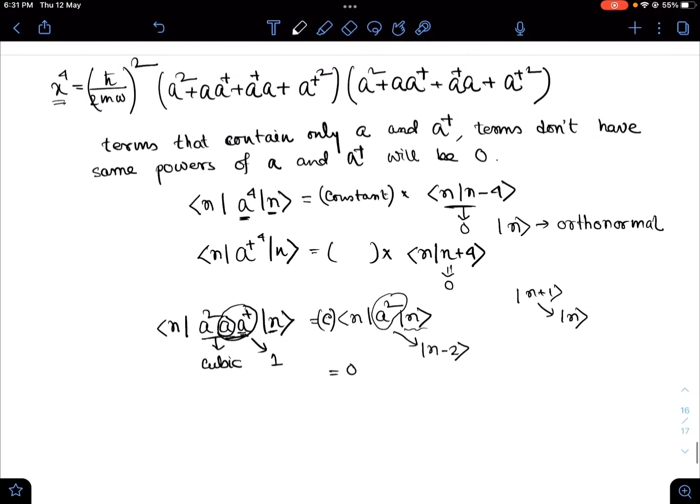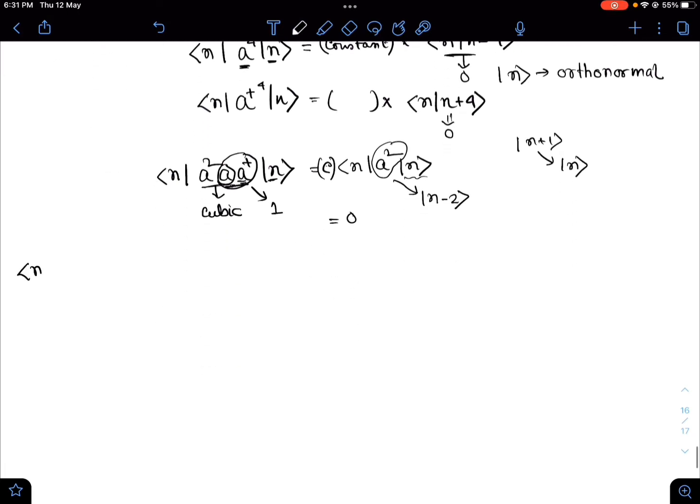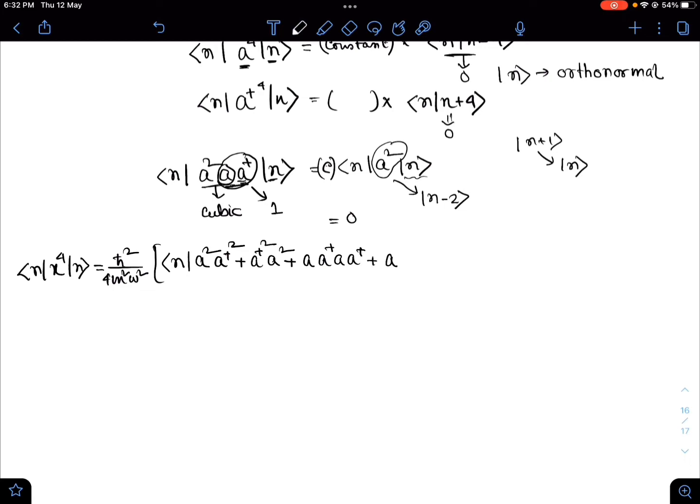So now if we eliminate those terms that only contain a and a dagger, and also the terms that don't have the same powers of a and a dagger, then we will have n, x to the power 4, n as h cut square by 4 m square omega square times a square a dagger square plus a dagger square a square plus a dagger a dagger a a, another term a dagger a dagger a a, and another term a dagger a a dagger a, and we will have n.